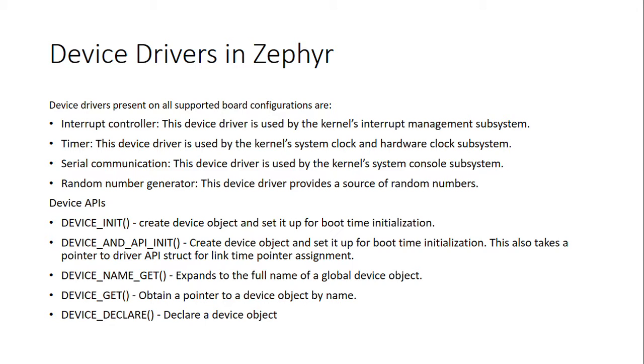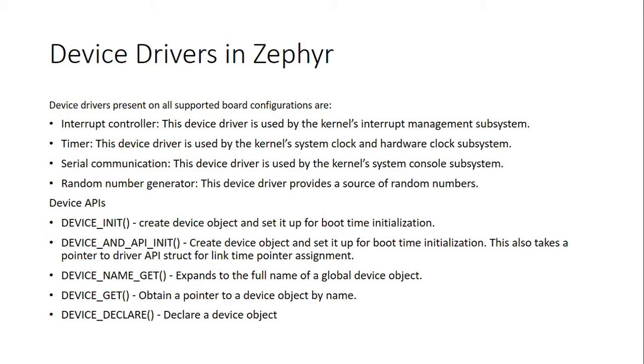Then we have another API, device underscore and underscore API underscore init, which creates a device object and sets it up for boot time initialization, but it takes a pointer to the driver API. We have a structure that contains the function pointers, and this device and API init also takes this as input so that it knows where the driver API is.